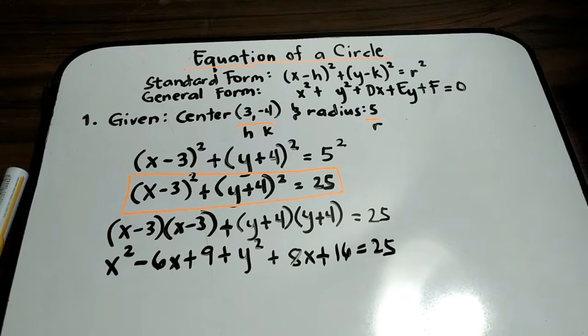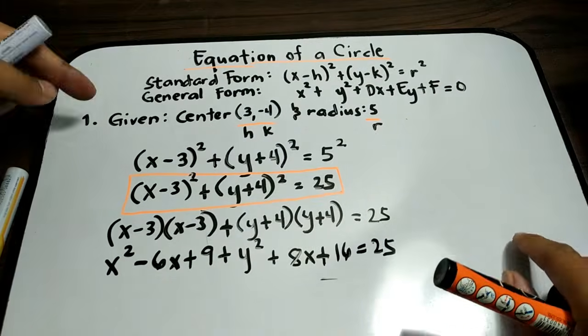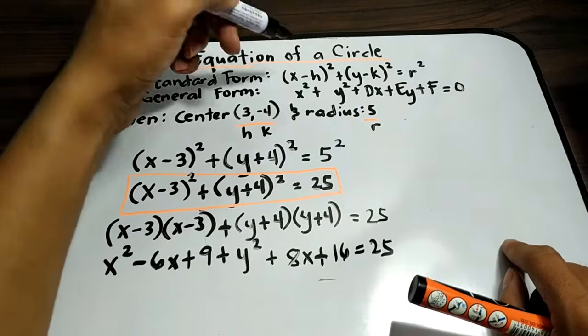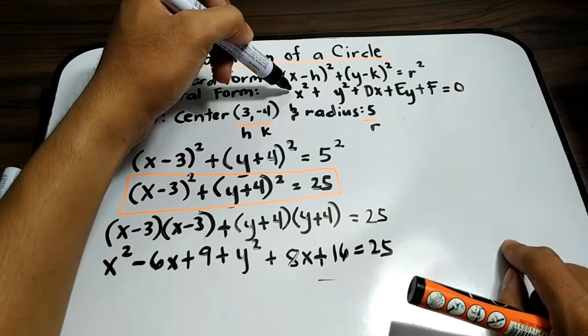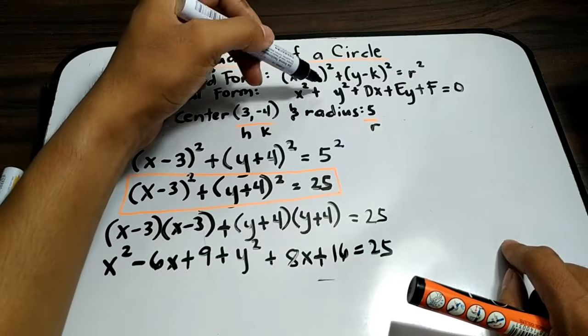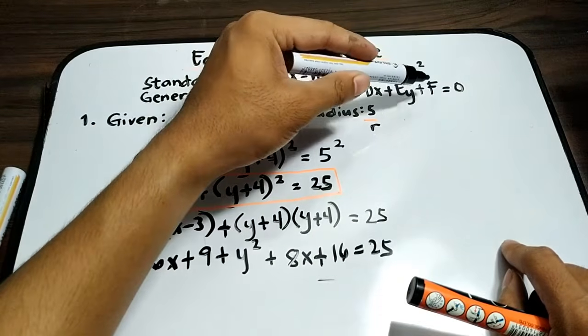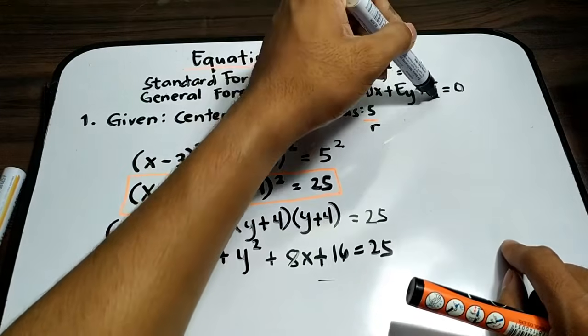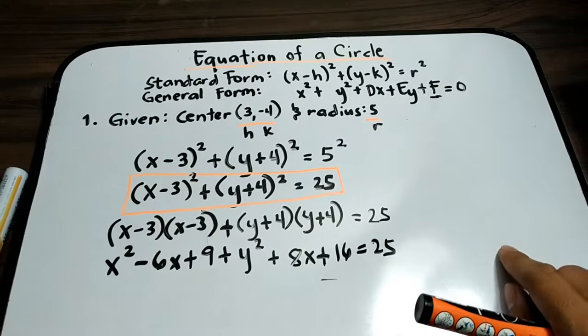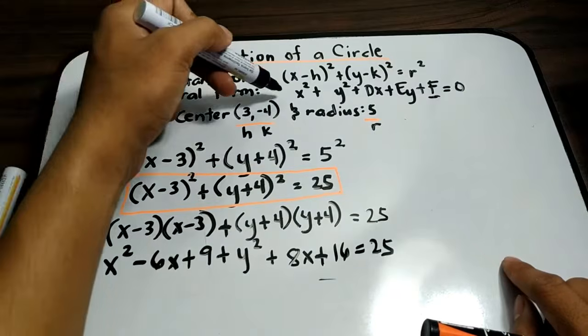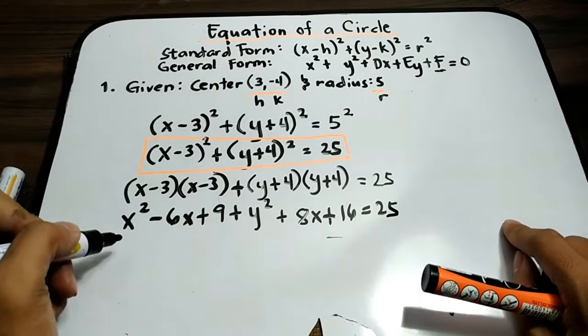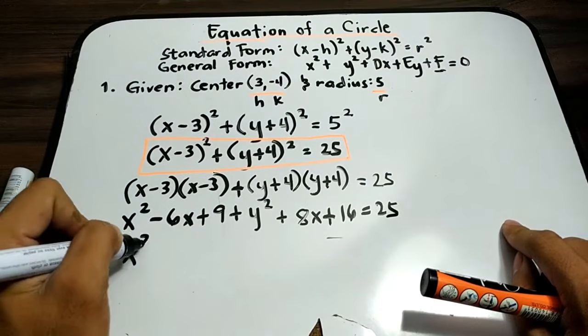Now the next thing you need to do in this part of the solution is to follow the general form. We have here x squared, same arrangement, x squared plus y squared plus dx plus ey plus f is equal to 0. Your f here stands for the constant. So the first thing is you have your x squared.